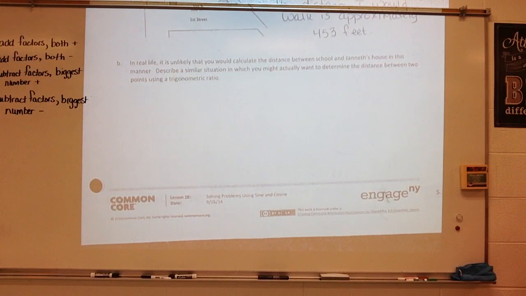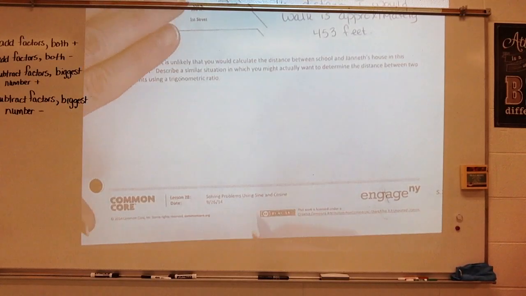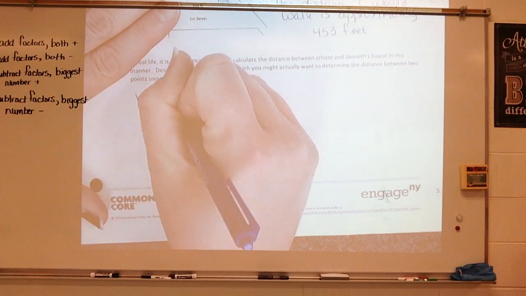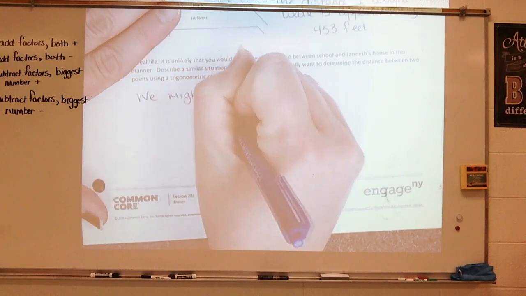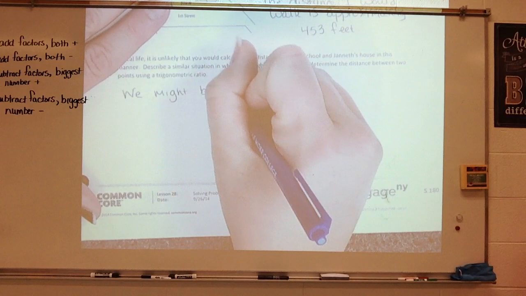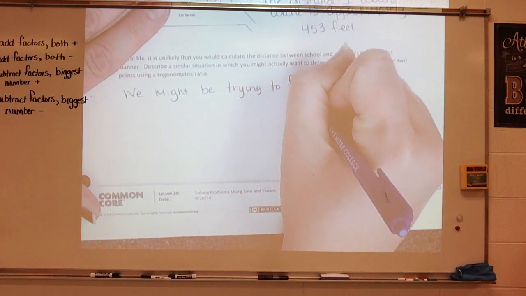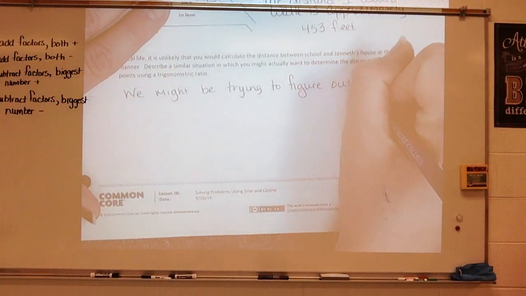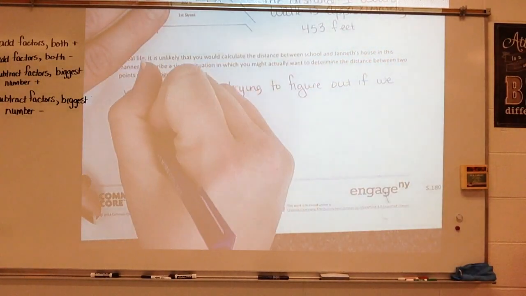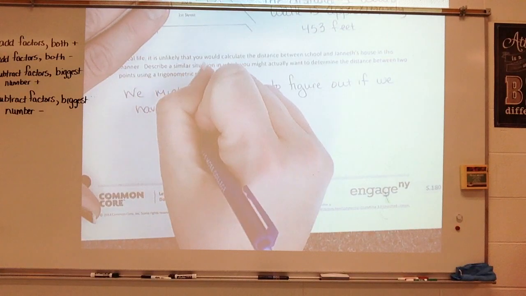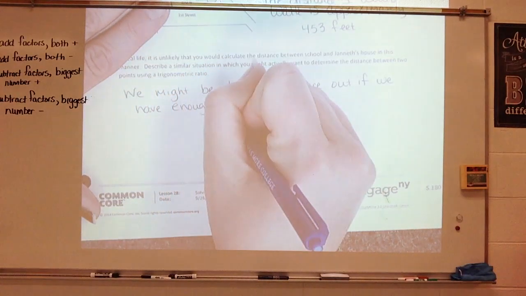Guys, it might be something like calculating the distance to determine if a vehicle has enough fuel, enough gas to make it on a trip. So we might be trying to figure out if we have enough gas to go on a trip.